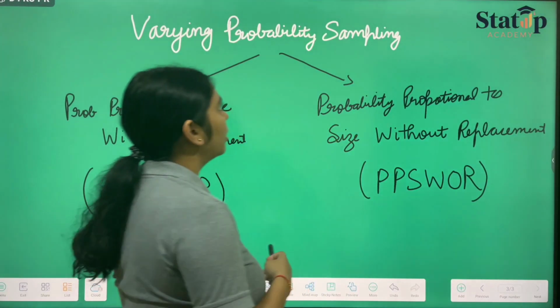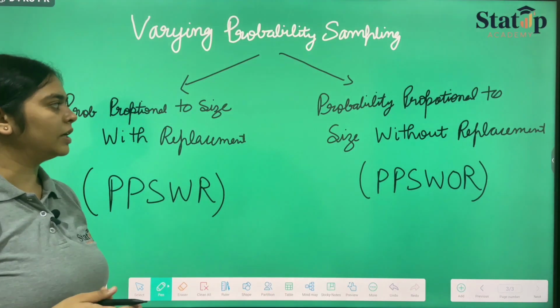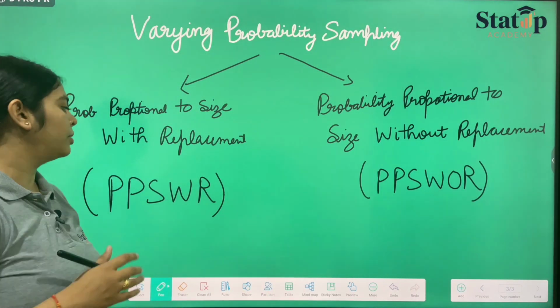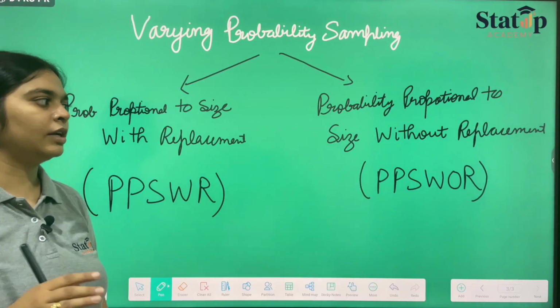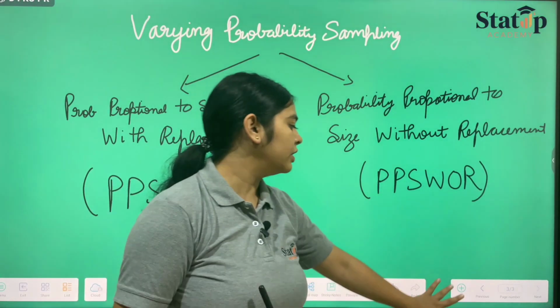These are the two varying probability sampling techniques, probability proportional to size with replacement and probability proportional to size without replacement.